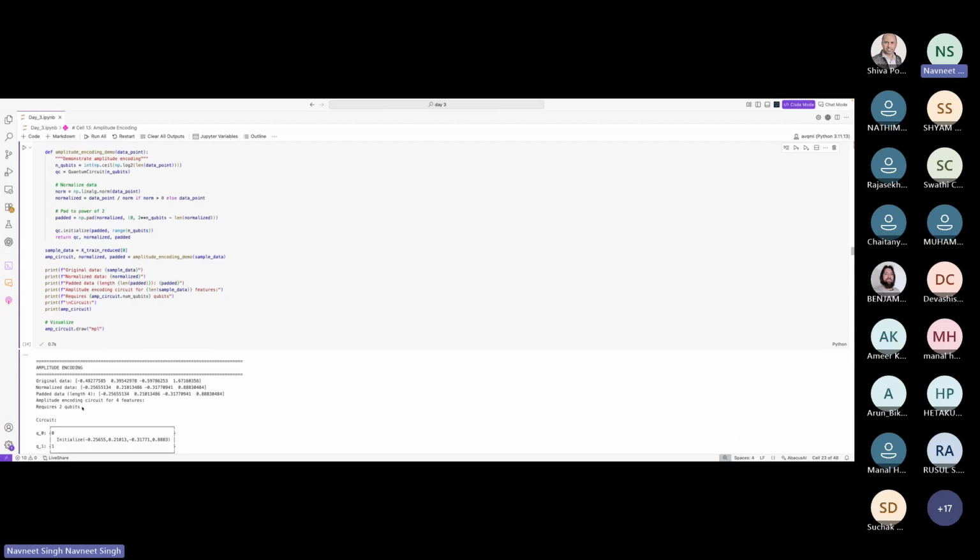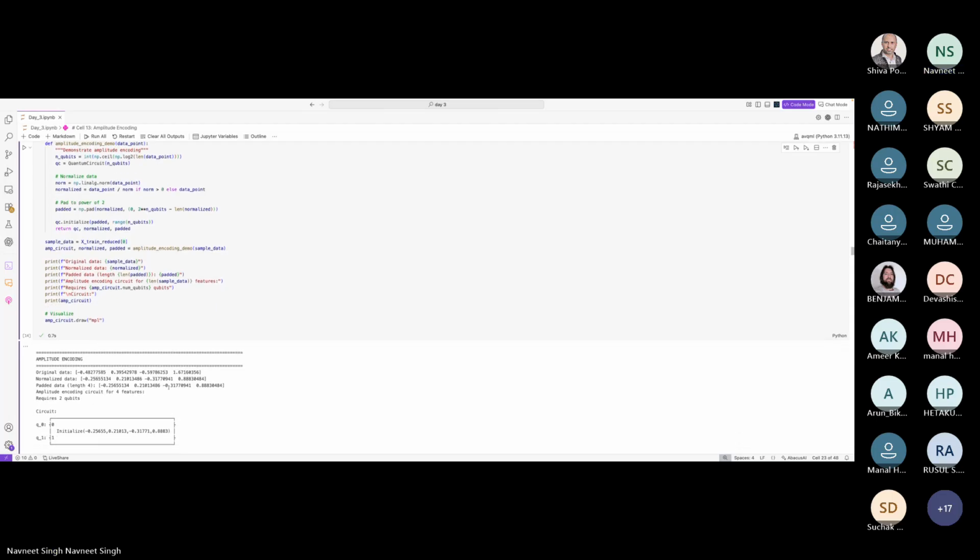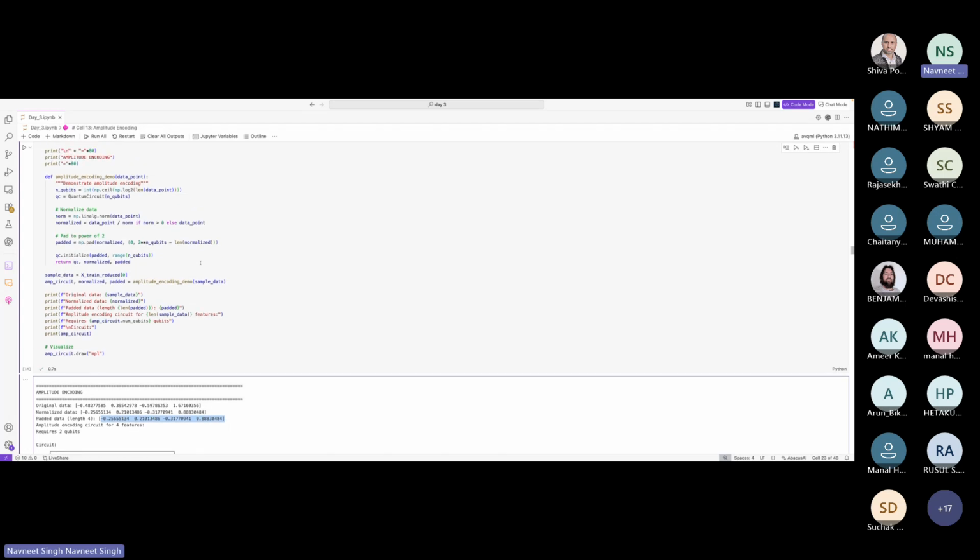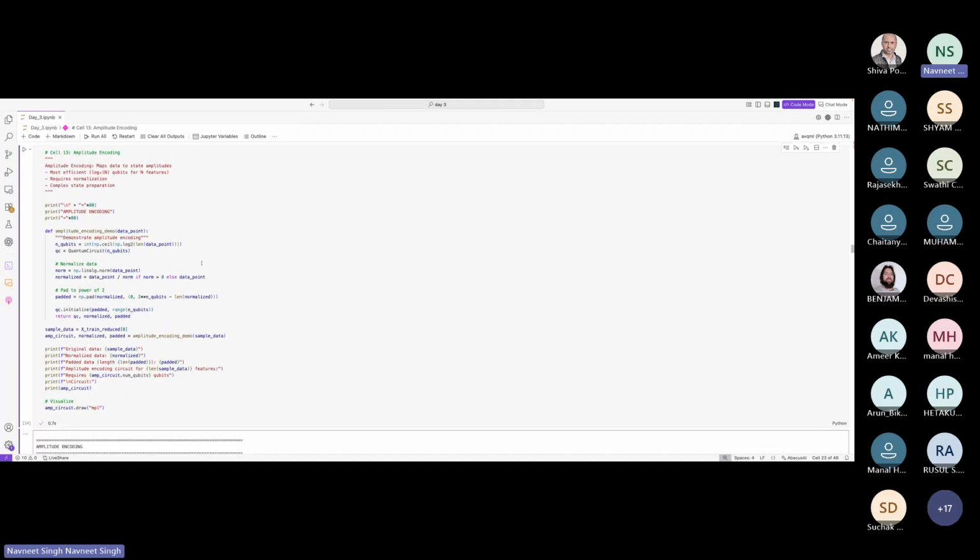Here is the original data, this is our normalized data, and this is the data which we padded. I will explain why we need the padding. Next we divide, and this is where we normalize our data.